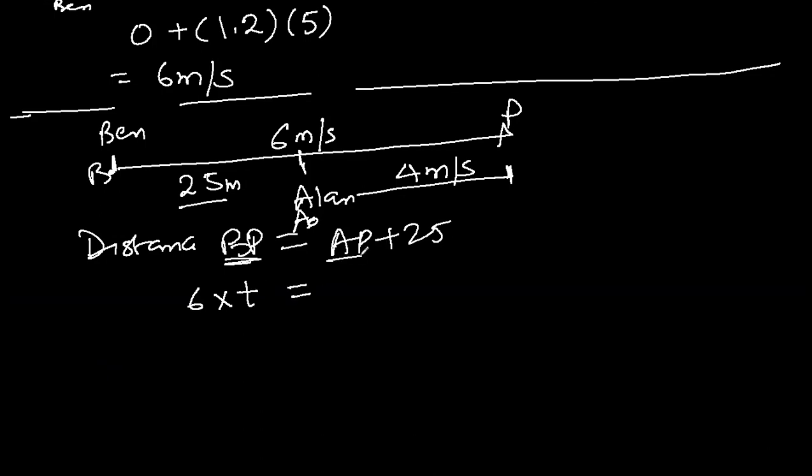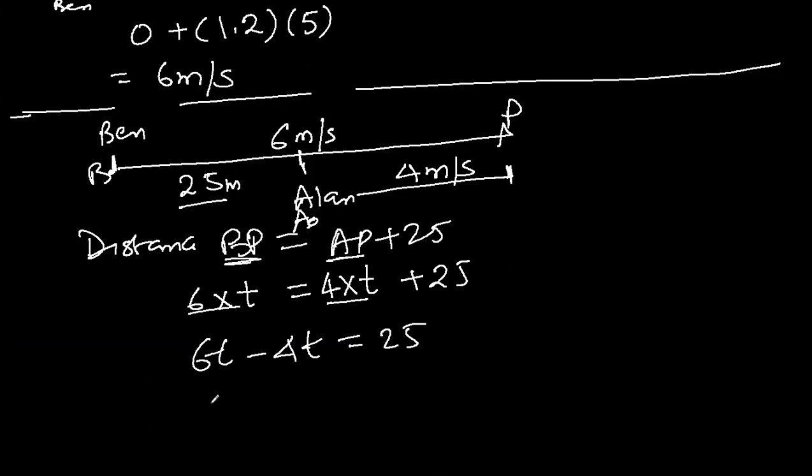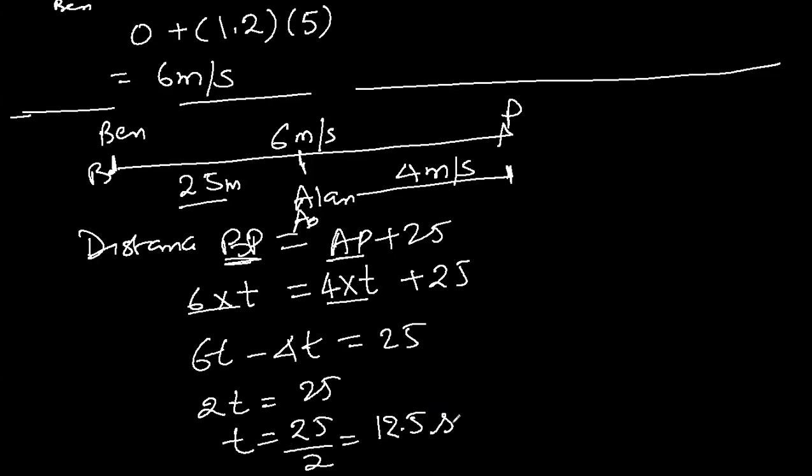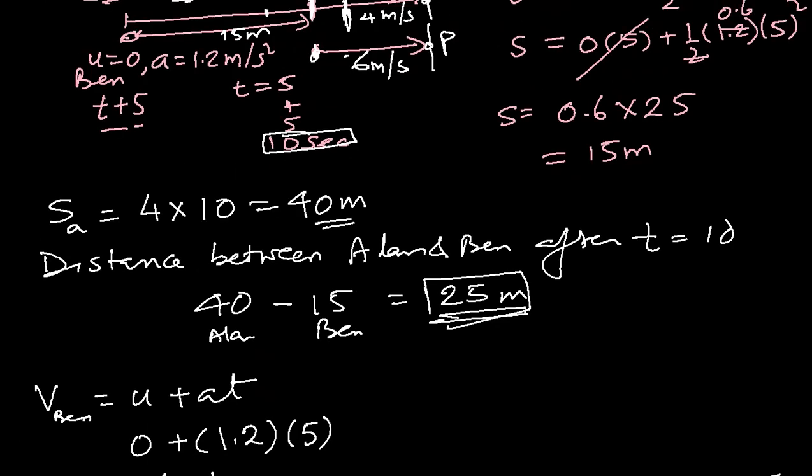The same time will be taken by Alan, so he'll be traveling 4 times t plus 25. So 6t minus 4t, I bring this to the left side, equals 25. So 2t equals 25, t equals 25 divided by 2, which is 12.5 seconds. So this is the time taken by them to reach position P.